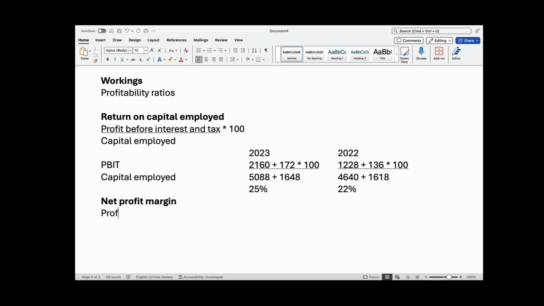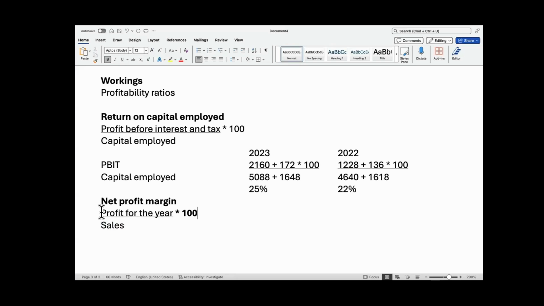You can use profit for the year divided by your revenue or your sales, multiplied by 100.